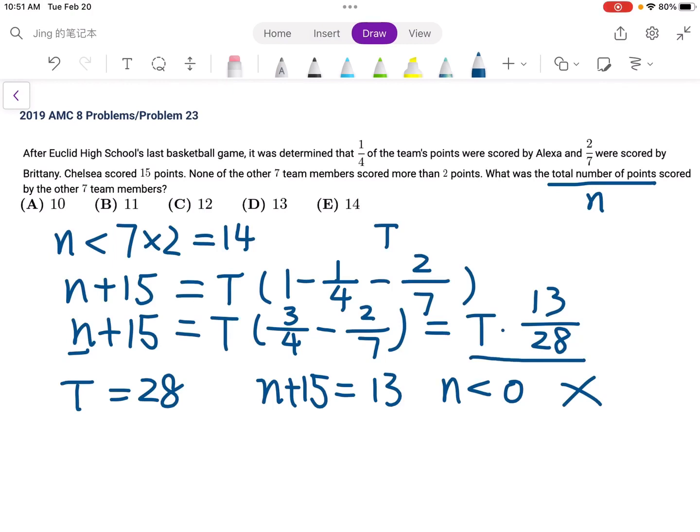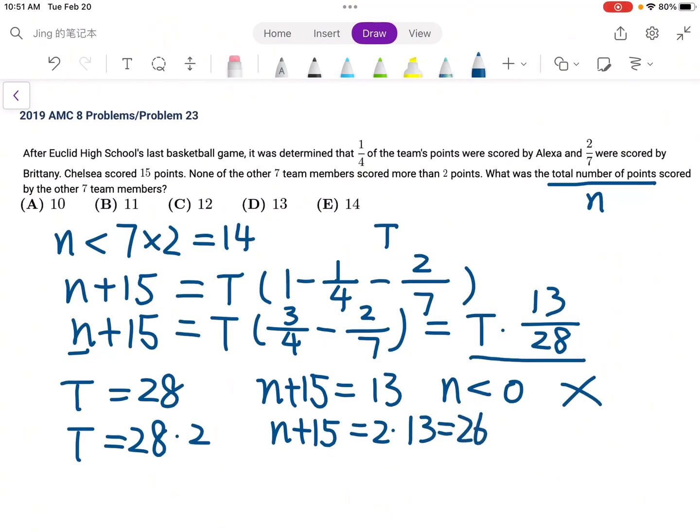And if T equals 28 multiply 2, then n plus 15 equals 2 multiply 13 equals 26. In this case, n equals 26 minus 15 equals 11, and this one satisfies the problem.